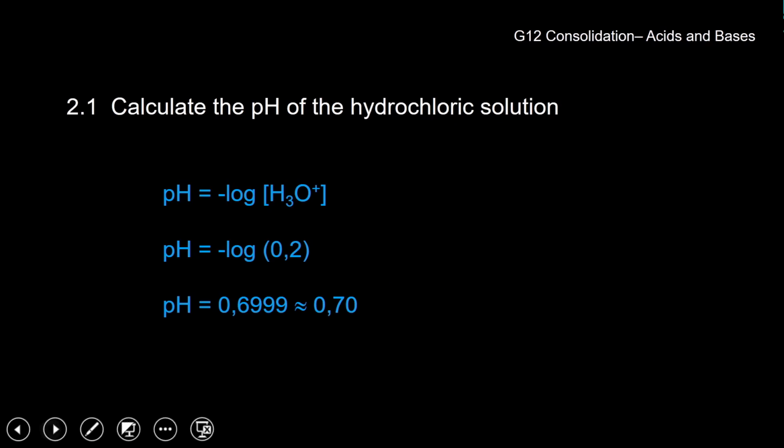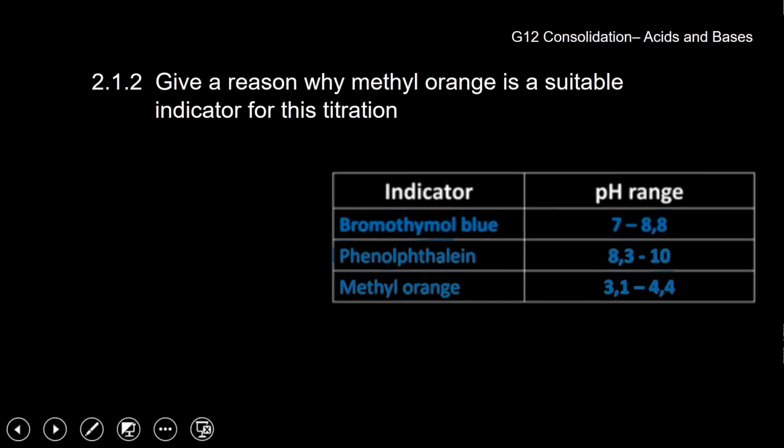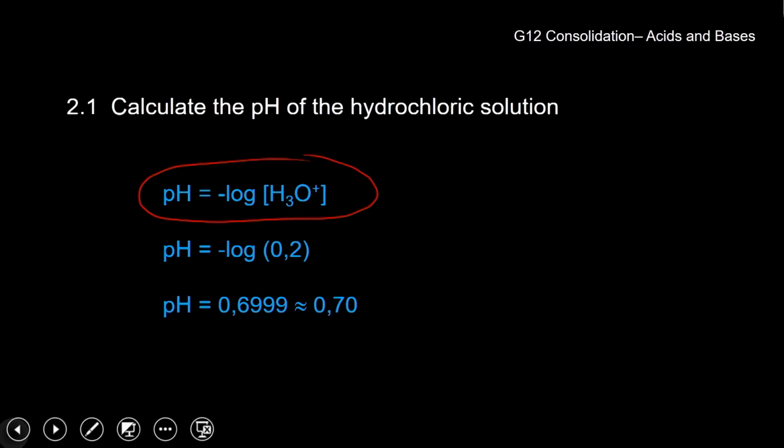The first question is, calculate the pH of the hydrochloric acid solution. Well, that's easy. We know how to do that. We're going to use this formula, and we are going to check what the concentration is that they give us.